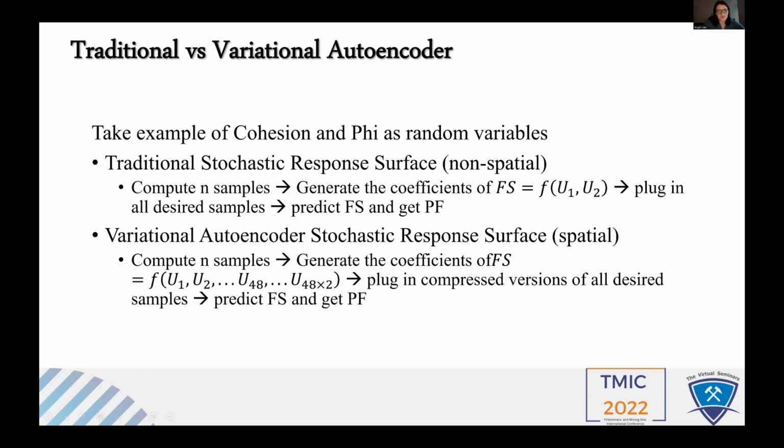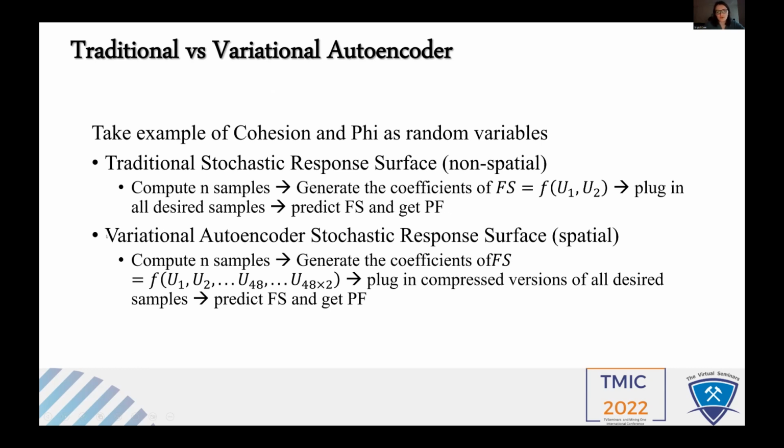And then just to explain, what is the difference between this method and the traditional response surface method? With the traditional response surface method, you compute your n representative samples. Then you generate the coefficients of this factor of safety function using that small number of samples. Then you plug in all the samples that you actually want to compute the factor of safety for, and you predict the factor of safety for each of those and get probability of failure.